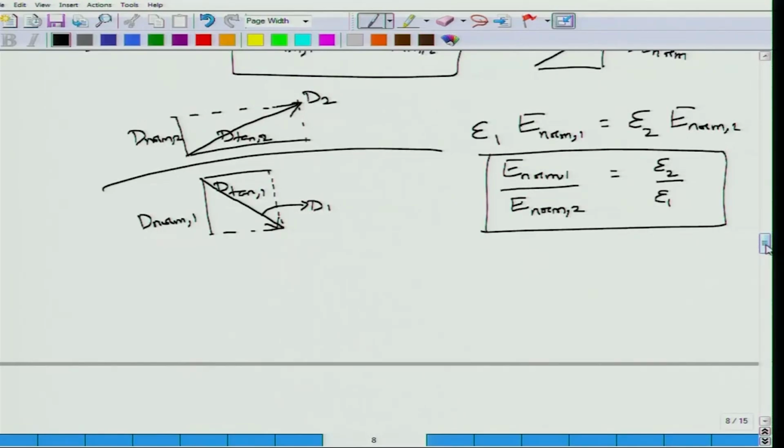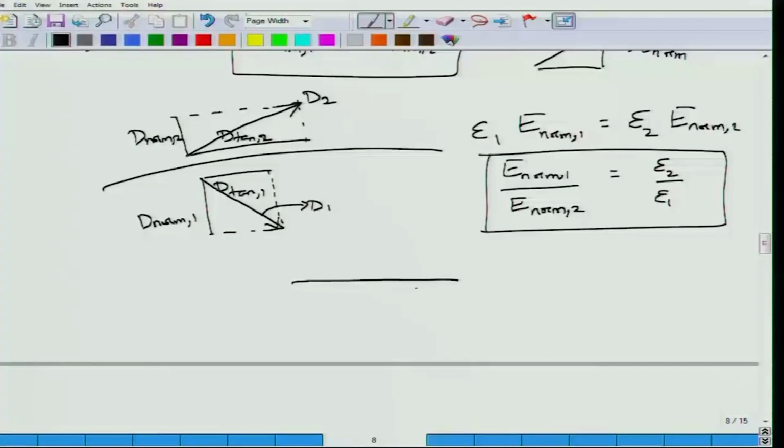Remember what the problem was? In the last class we placed a Teflon slab and we said that the electric field outside of the slab is uniform, upward directed with a value of E0 volts per meter. I did not know what the field inside was, but now it is very easy for me to see. Well, this is the Teflon slab, with permittivity 2.1, susceptibility of 1.1, just to jog your memory.